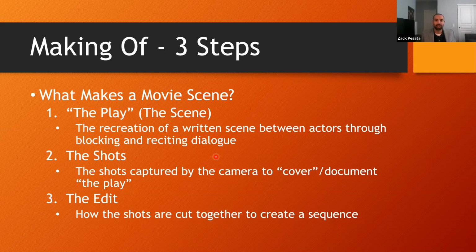The shots captured by the camera to cover/document the play, to photograph the recreation of the written scene between the actors. And then the third part here is the editor takes this pool of footage, all of these different shots, and pieces them together in a certain sequence to create the scene that we end up seeing in the film.